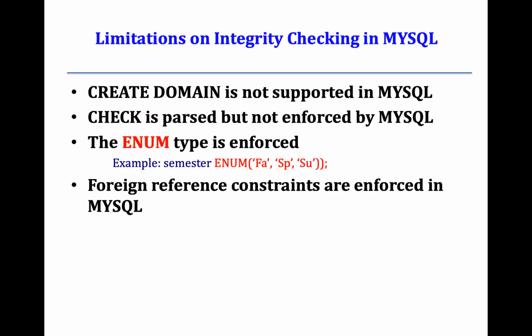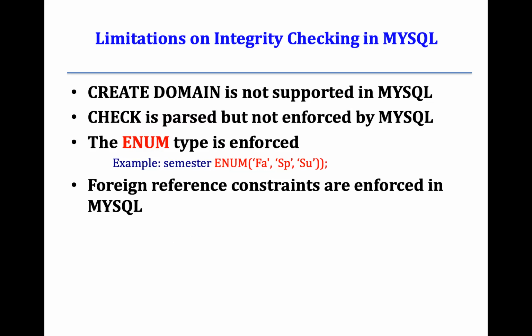Okay, so there are some limitations in MySQL. Create domain is not supported at all. Check is parsed but not enforced, meaning they hope in the future to implement the check command, but right now it's not actually enforced.